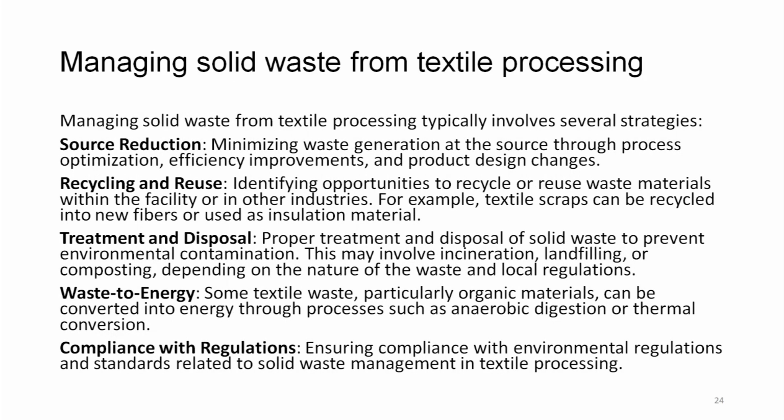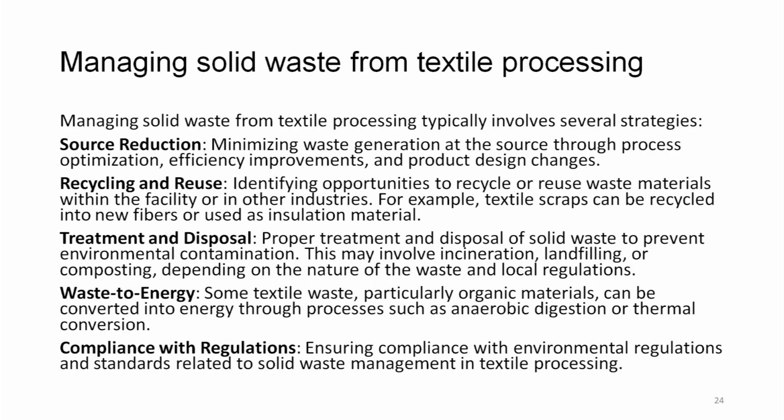Managing the solid waste from textile processing typically involves several strategies: source reduction, as we talked about in the very beginning, minimizing waste generation at the source, process optimization, efficiency improvement and product design changes. Minimizing at the source is the best, so that less waste will be generated.